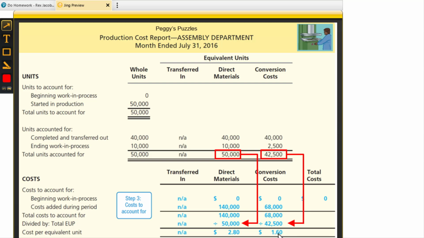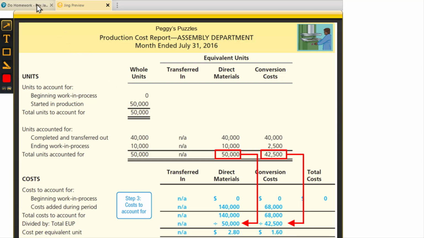So that means per puzzle, there's $1.60 of conversion costs, which means $1.60 of direct labor and manufacturing overhead. So the cost per puzzle, you take the $2.80 plus the $1.60 is the cost per puzzle. And there are no transferred in costs, so we can ignore that.